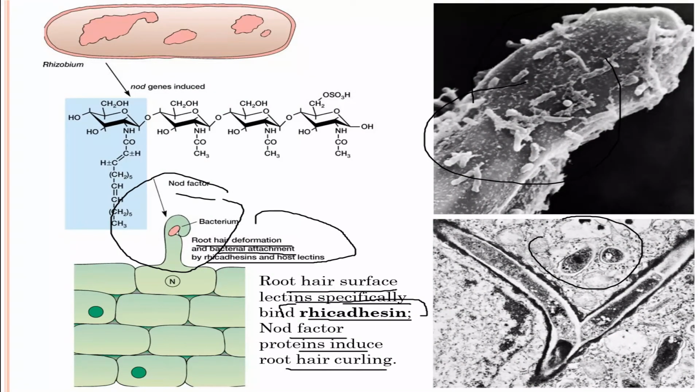So it attaches the Rhizobium inside due to the presence of Nod factor. This induces root curling so that the Rhizobium gets trapped inside and thus enters the root cells.